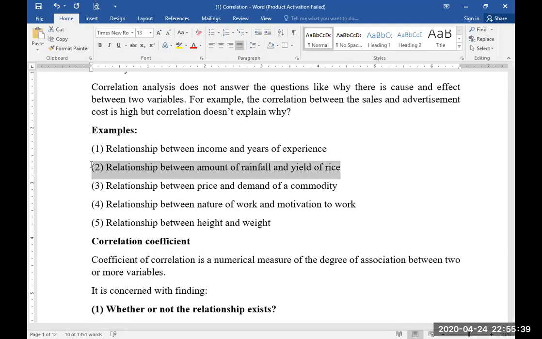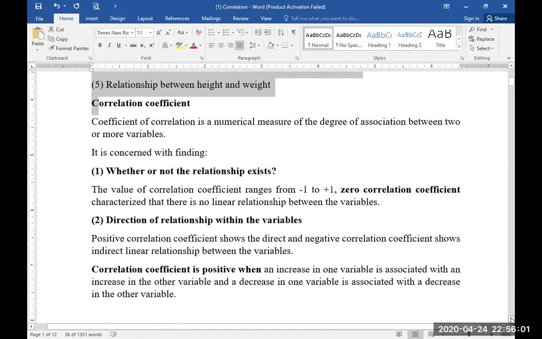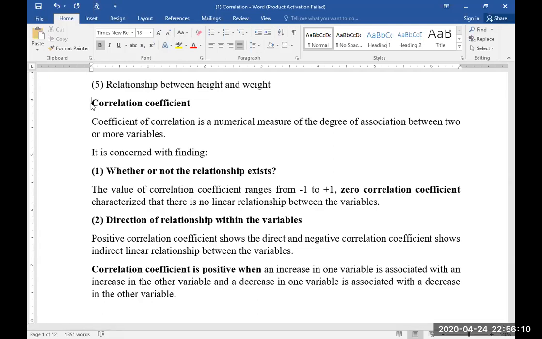Relationship between price and demand of a commodity. Relationship between nature of work and motivation to work. Relationship between height and weight. As the height increases, the weight also increases. So there may be a relationship between weight and height, and other examples that we have studied.